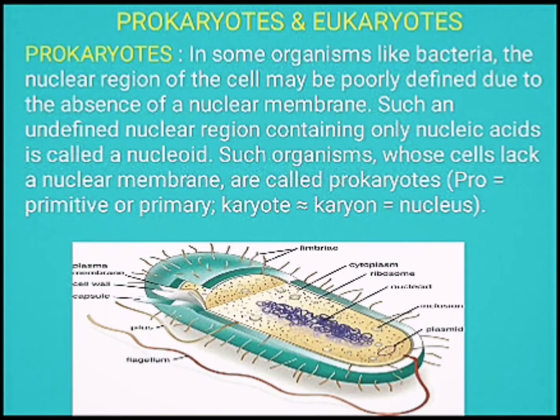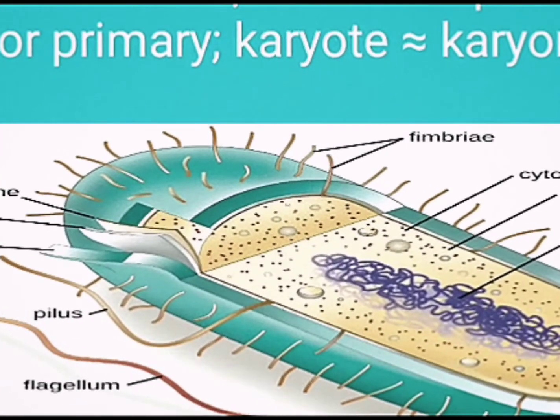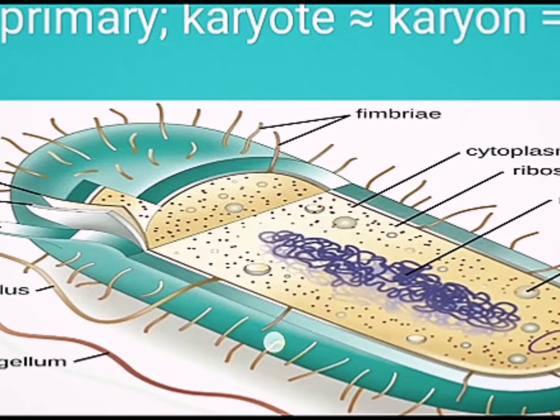Examples of such organisms are bacteria. So you can see in this figure, there is no nuclear membrane, or we can say the nuclear membrane is absent, due to which all the organelles of the nucleus are spread into the cytoplasm.